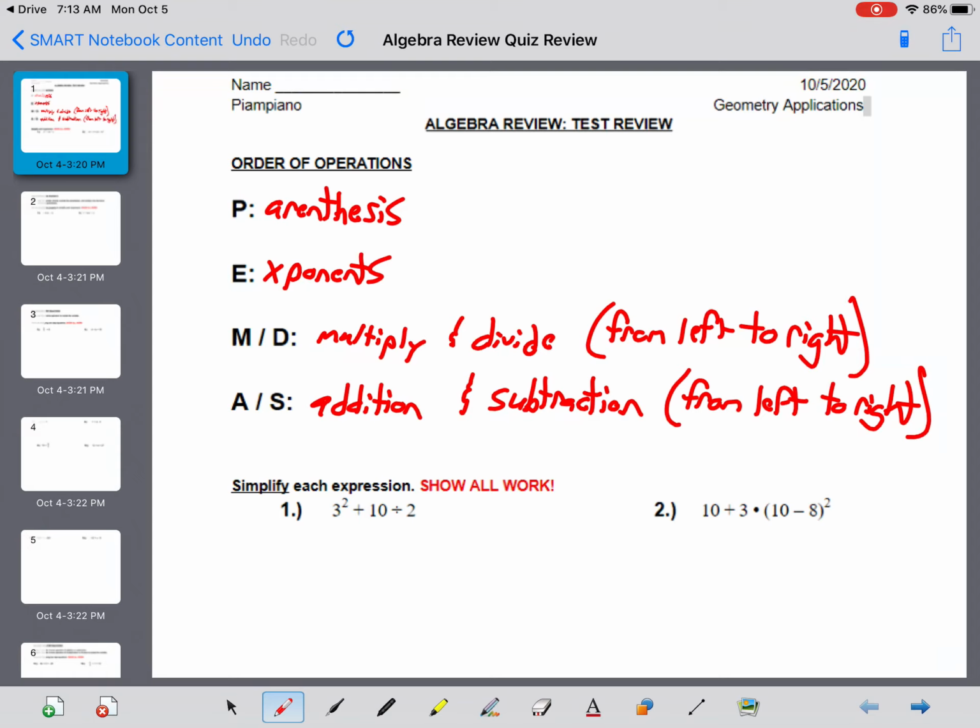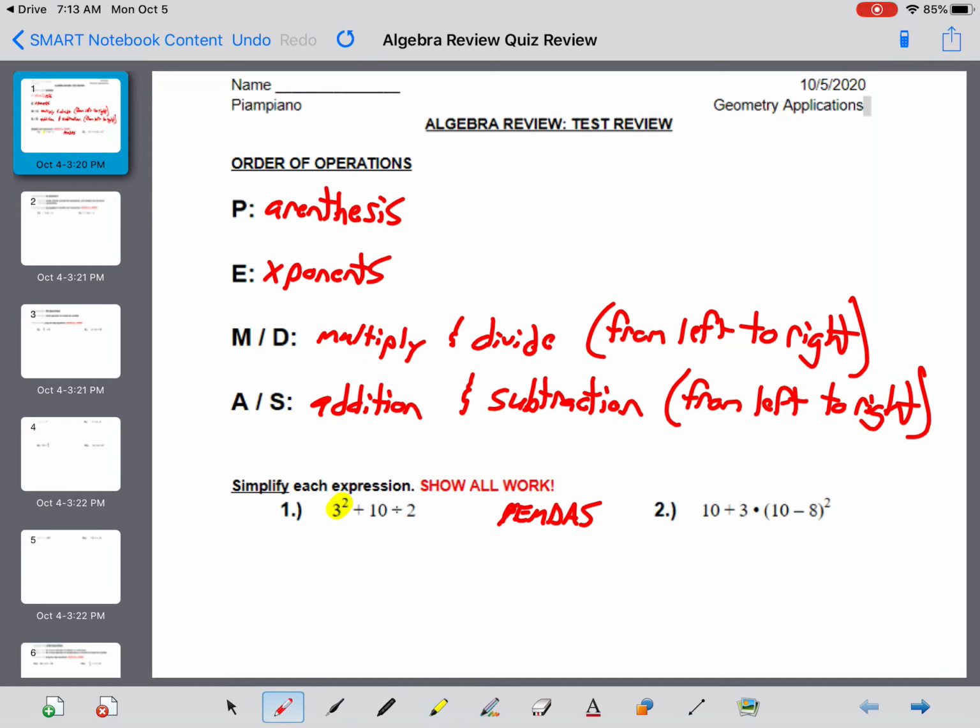All right, so the first thing you're going to be asked to do is fill out PEMDAS. Then you need to simplify each expression, and remember, it says show all work. So if you're following PEMDAS, I do not see any parentheses in number 1, but I do see an exponent, 3 squared.